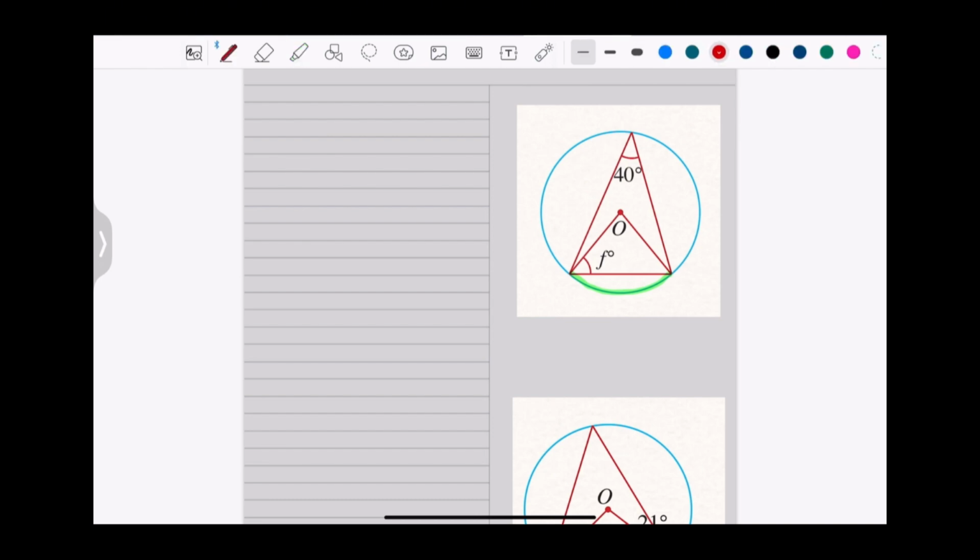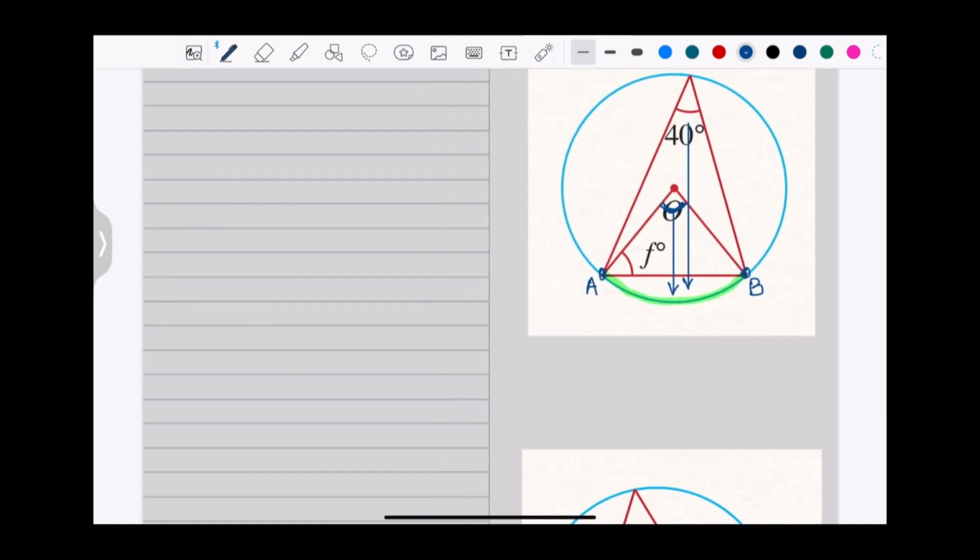If I mark these 2 points as A and B, I can see that this angle is facing arc AB at the center, and the same arc, this angle is facing at the circumference. So the ratio of these two is half. So this is going to be 80 degrees.